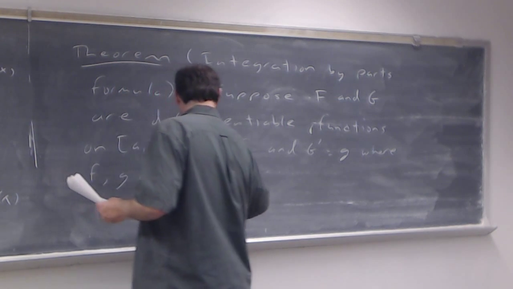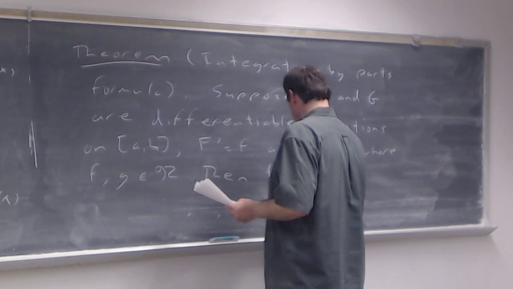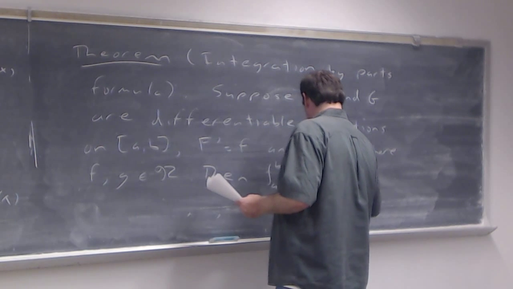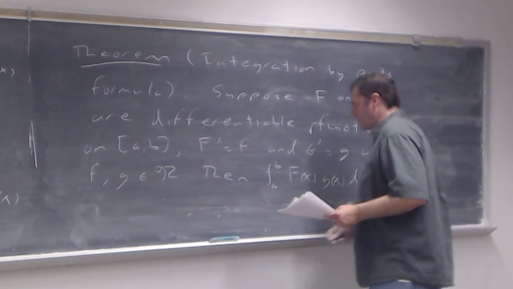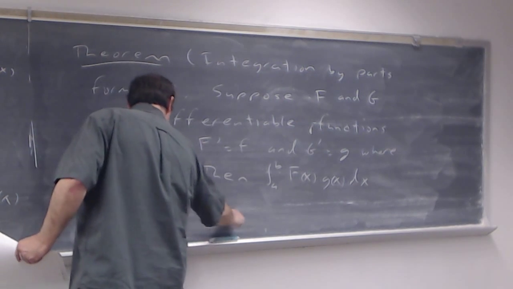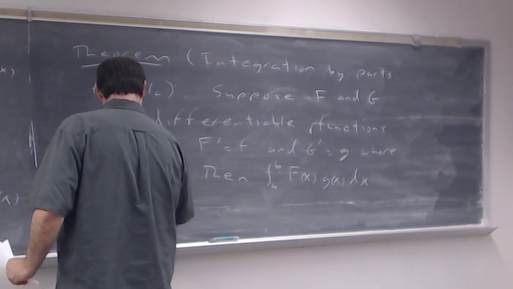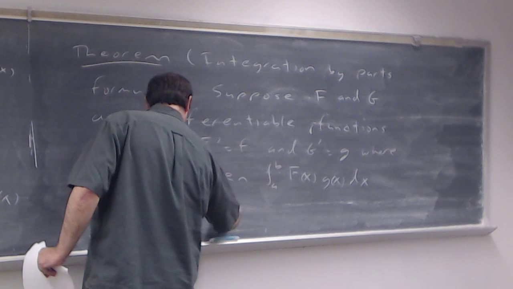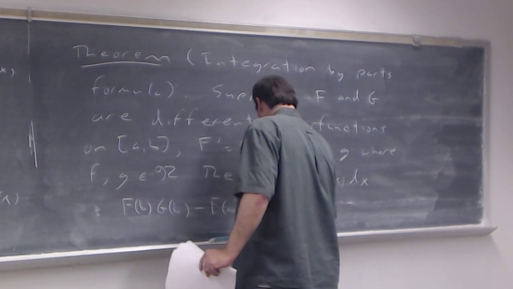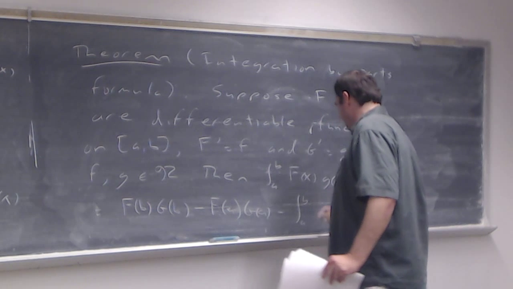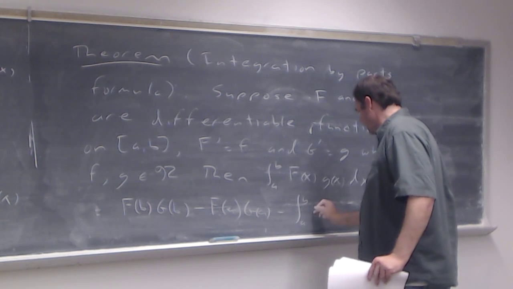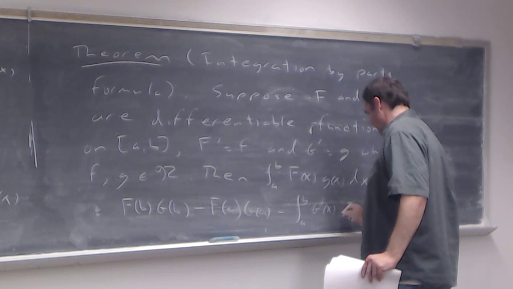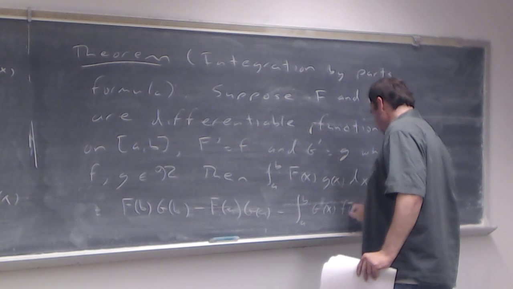Then the integral from A to B of big F times little g will be equal to big F(B) times big G(B) minus big F(A) times big G(A) minus the integral from A to B of big G(x), I'm sorry, I said the wrong thing, times little f(x) dx.